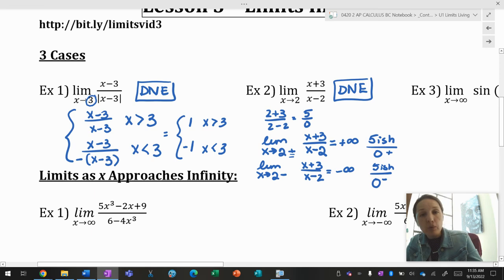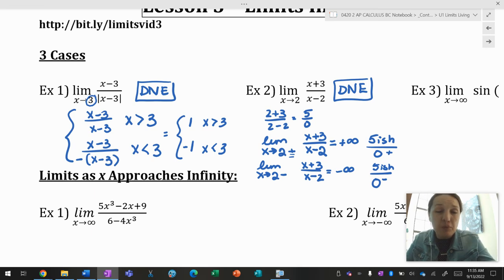So from the right, I'm going to positive infinity. From the left, I'm going to negative infinity, which means that this limit doesn't exist. And as a matter of fact, if I think about this as a rational function, that means that I have a rational function with a vertical asymptote at 2, where on one side of the asymptote it goes up, and on the other side it goes down.